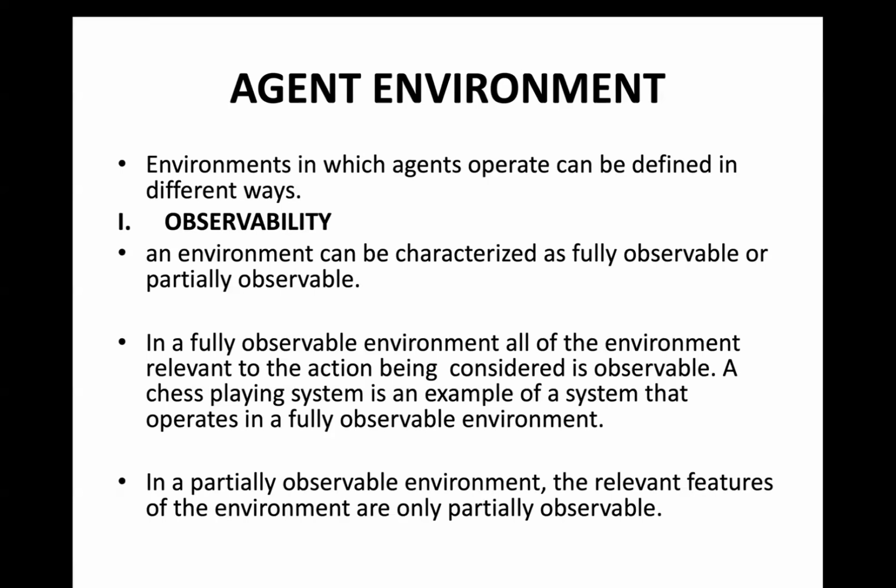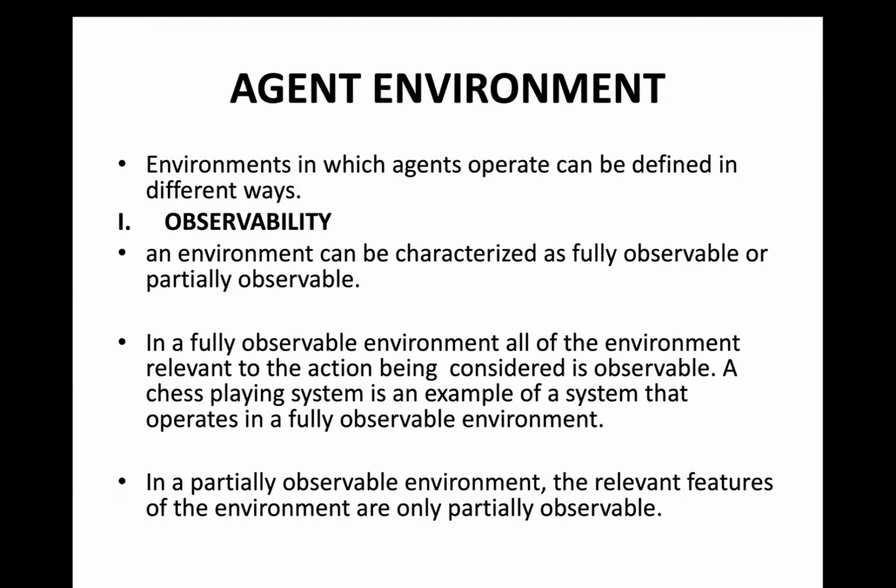As we look at the agent later on, when we talk about developing these systems, you've got to think about where your agent is going to operate. Is it going to be in an environment where it can see everything, or will it only be able to see part of the environment?